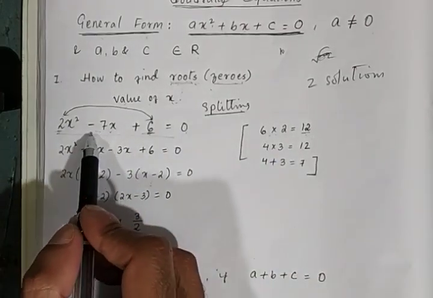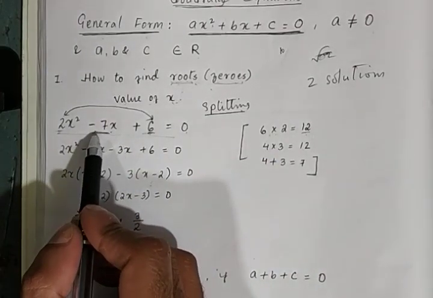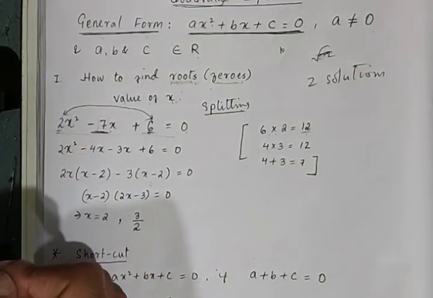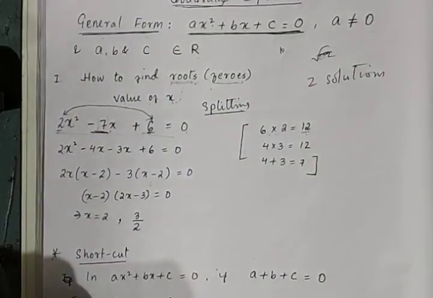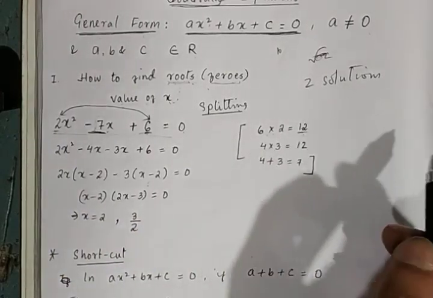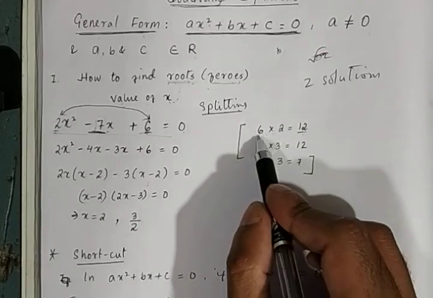Now the middle term will be split. Here our middle term is, forget about this minus, concentrate here, 7. That means this 7 will be split. How will it split? It all depends upon this 12. Now 6 twos are 12.